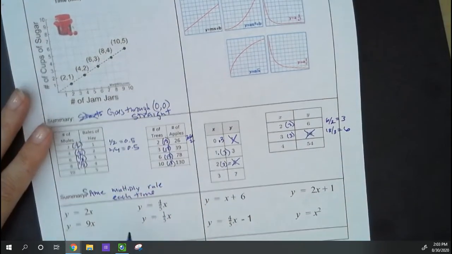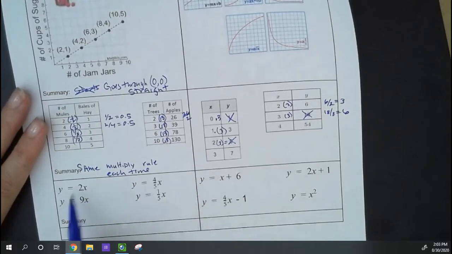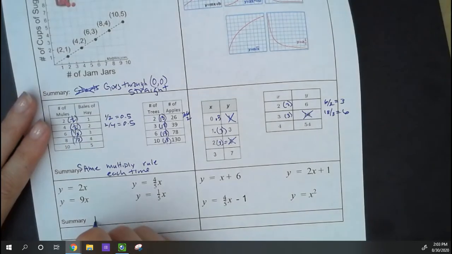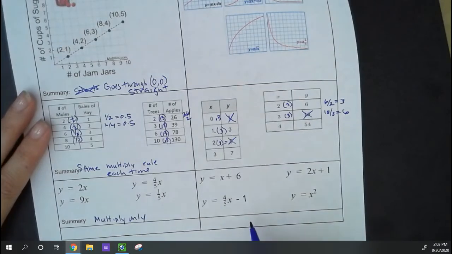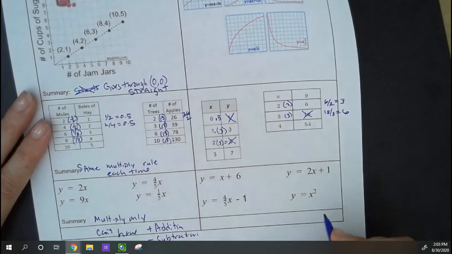So here we find equations that are proportional. All of these have one number that we're multiplying by. Those are all proportional. We're multiplying only. The problem over here is that you can't have any addition or you can't have subtraction or exponents.